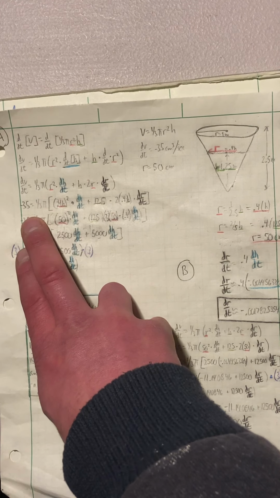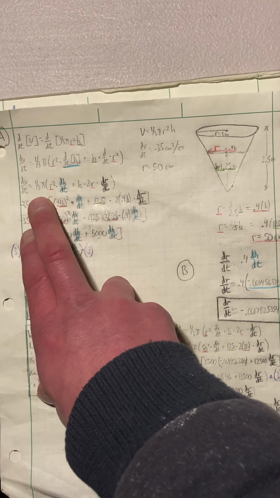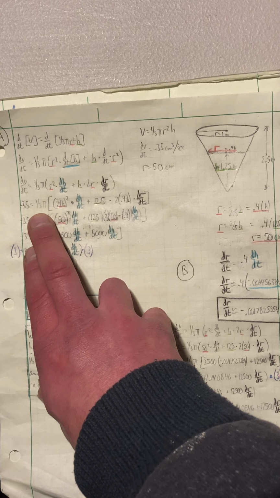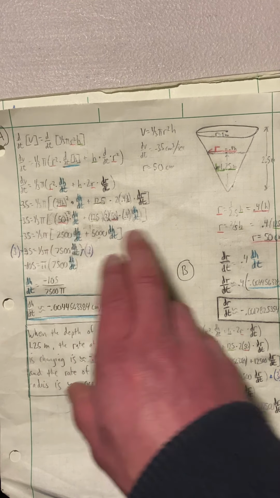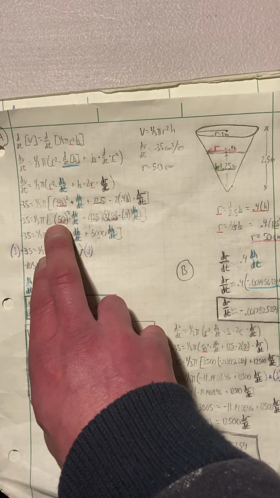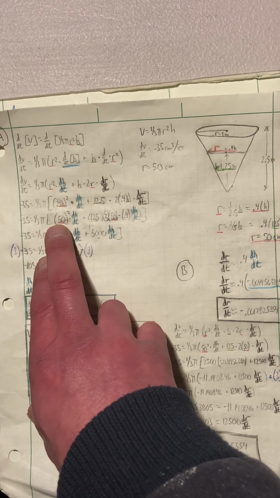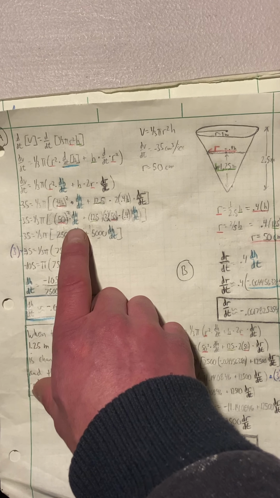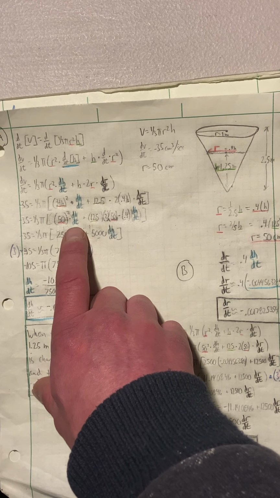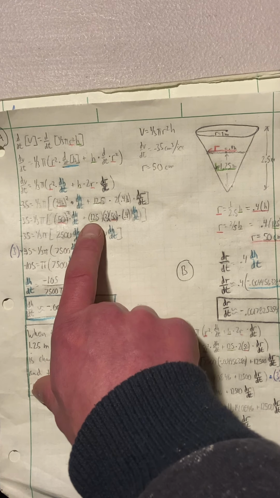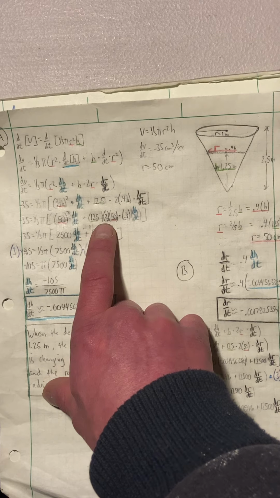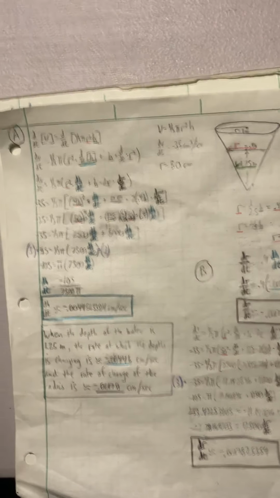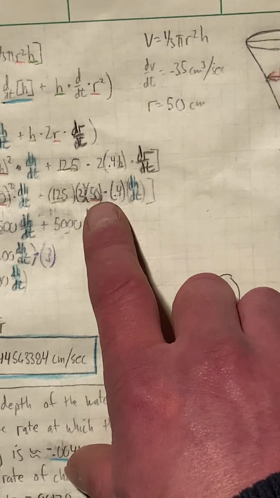We have negative 35 equals 1/3 pi, and we plug in our values. Our radius is 50, so 50 squared times dH over dt, plus our depth, 125 centimeters, times 2 times our radius, 50 centimeters, times dr over dt.